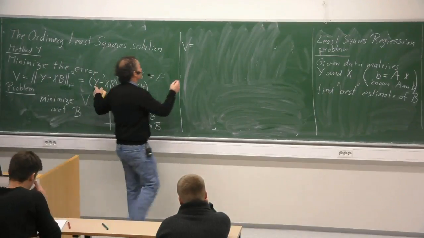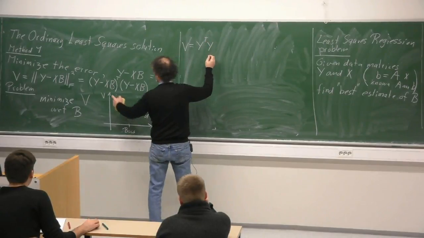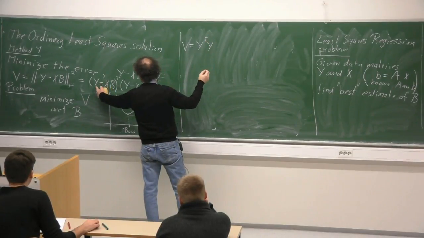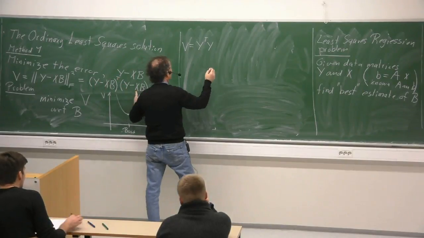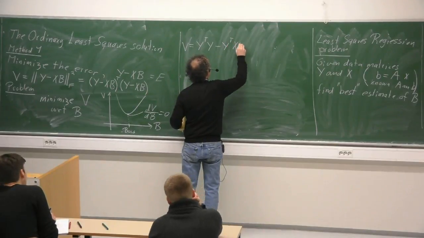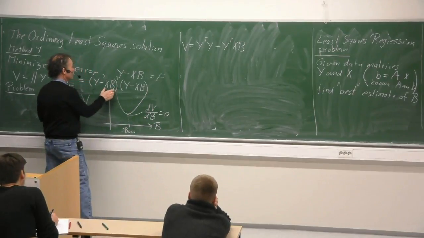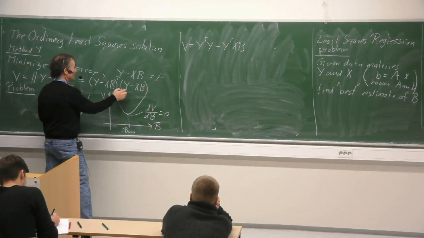So, as I said, y transpose y is the first one. Plus y transpose times minus Xb. And we have the transpose, minus Xb transpose times y.